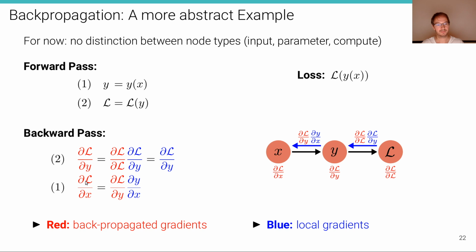And then the gradient of L with respect to x, this guy here, is the gradient of L with respect to y, so what I've computed previously, times the gradient of y with respect to x, the local gradient here, by reversing this arrow. Okay, so this was the most simple example. It was basically just applying the chain rule twice.